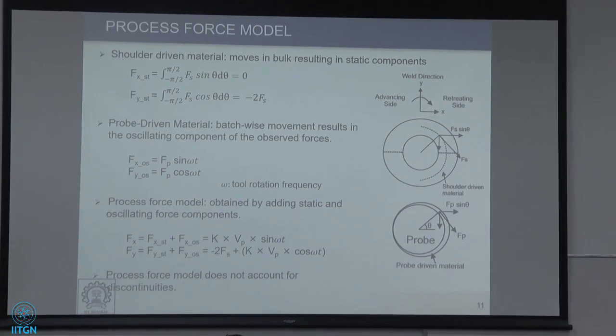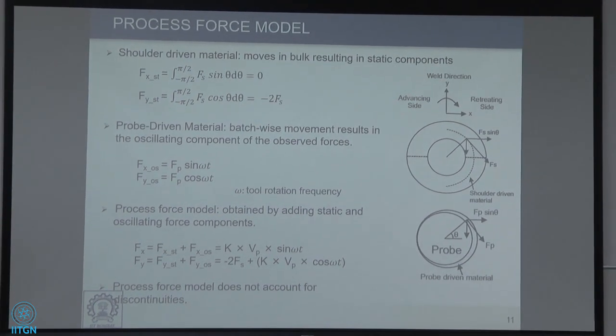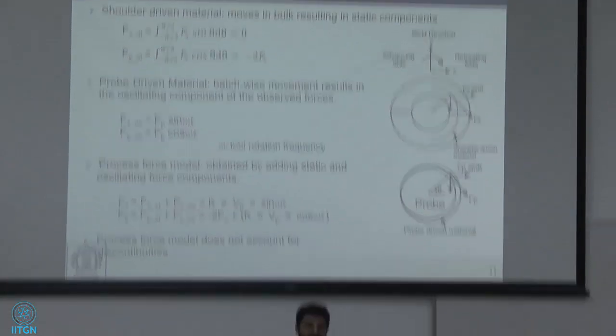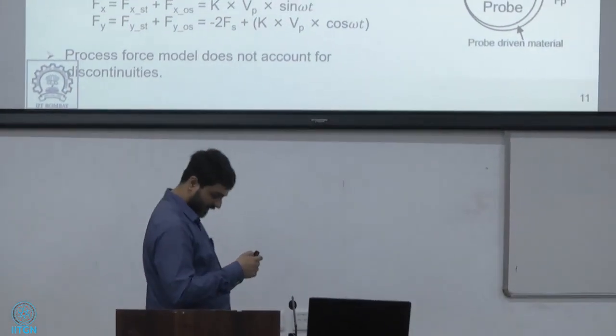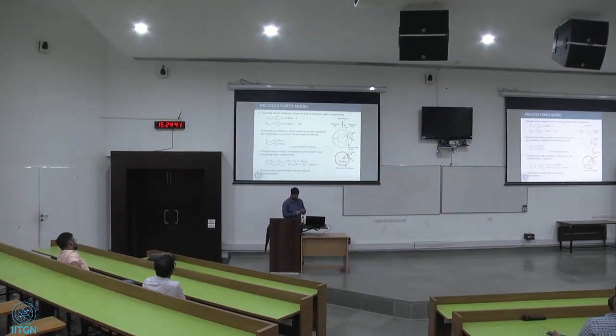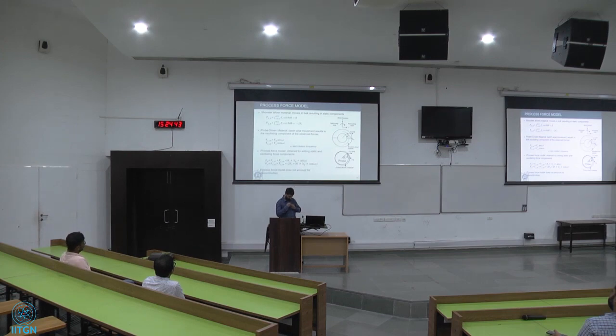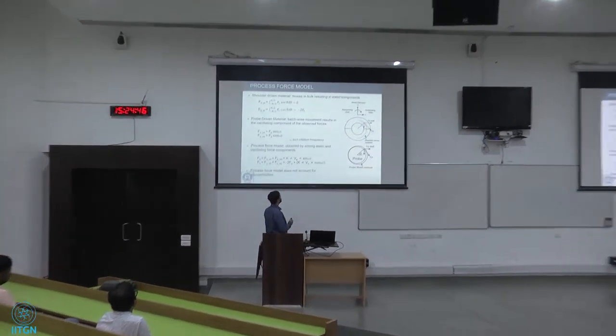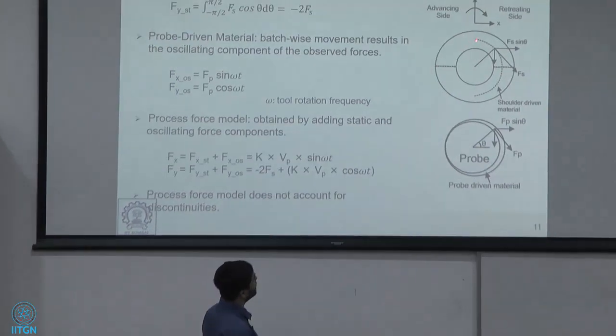So any oscillating signal has 2 components, a DC component and an AC component. The DC component, as we have already said, is believed to come primarily from the continuous motion of the material around the shoulder and the tool.